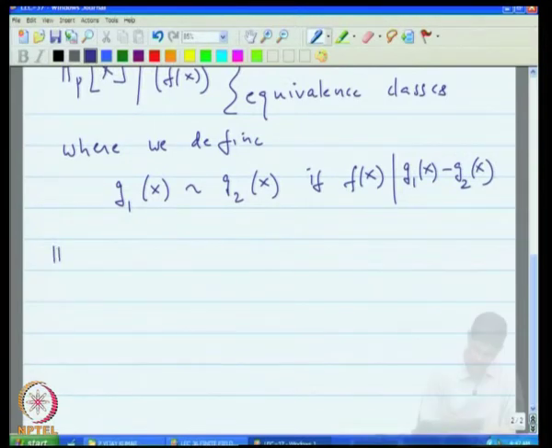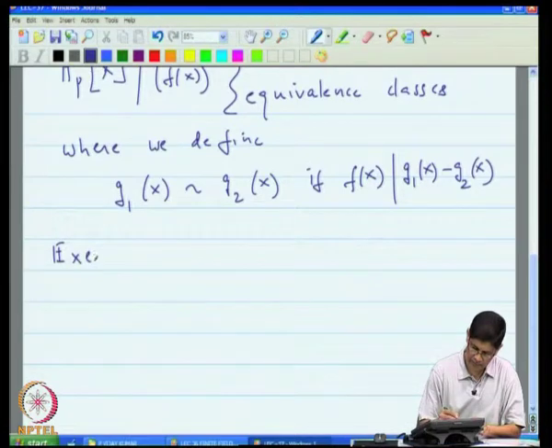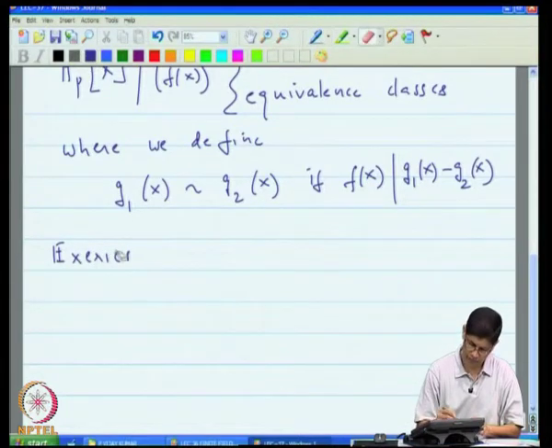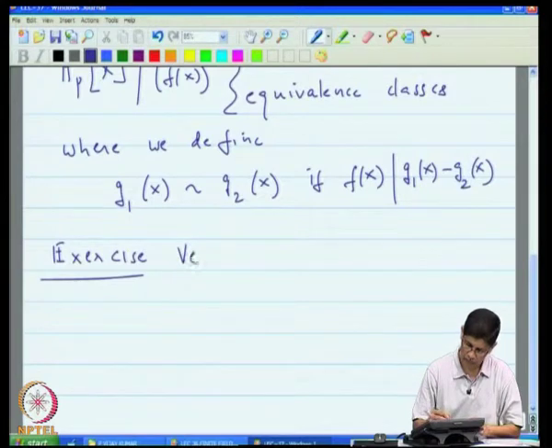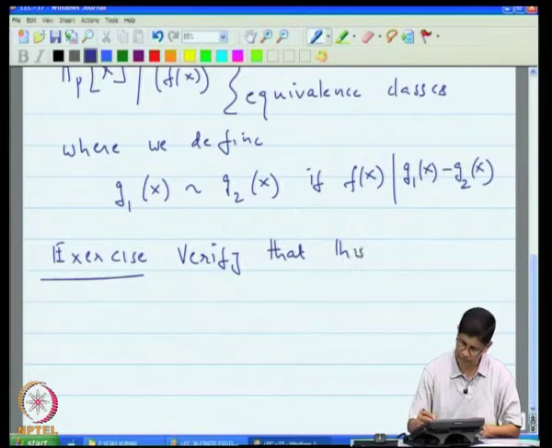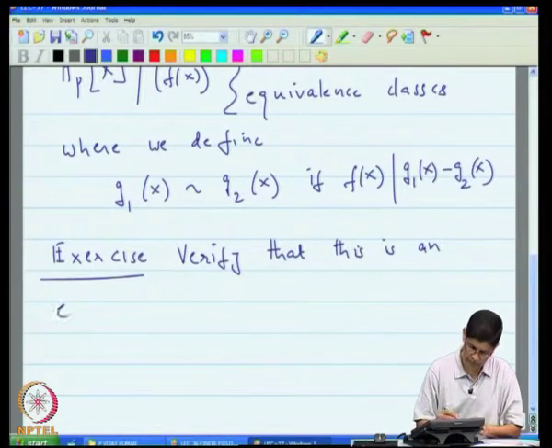I will leave it as an exercise, and I gave this last time: verify that this is an equivalence relation.